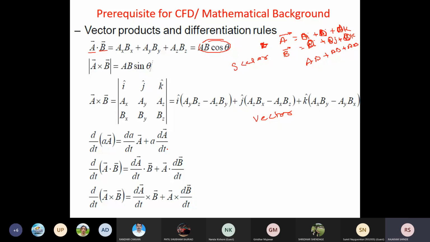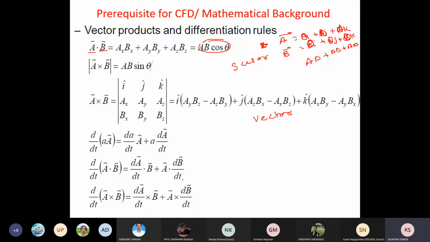Okay. Now, when we want to calculate the derivative of the dot product, there are two vectors: d/dt of A bar dot B bar equals dA bar/dt dot B bar plus A bar dot the derivative of B bar with respect to t.